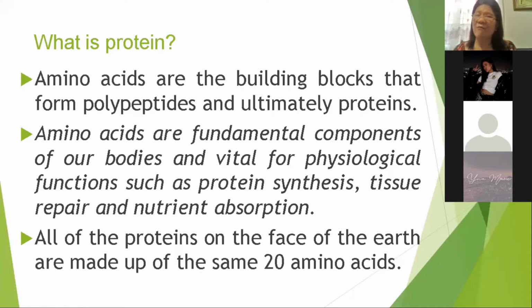And how are they formed? They are formed by means of a bond. Can you still remember in your organic chemistry, there is a bond that is mostly found in organic chemistry, a covalent bond.